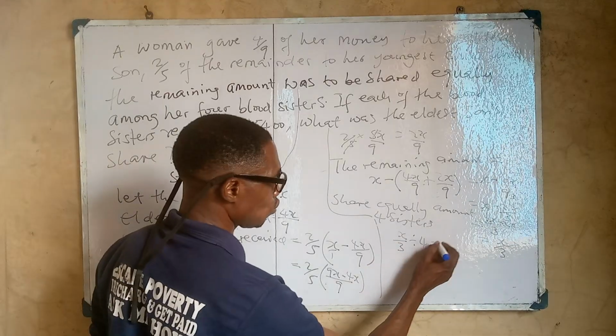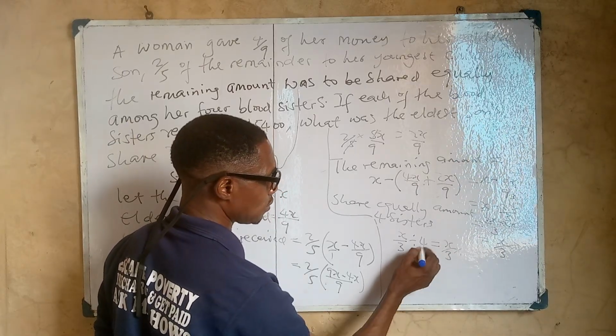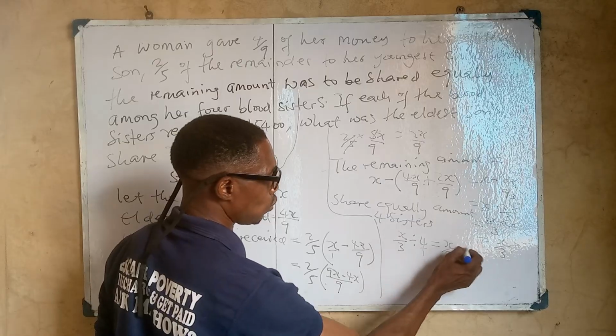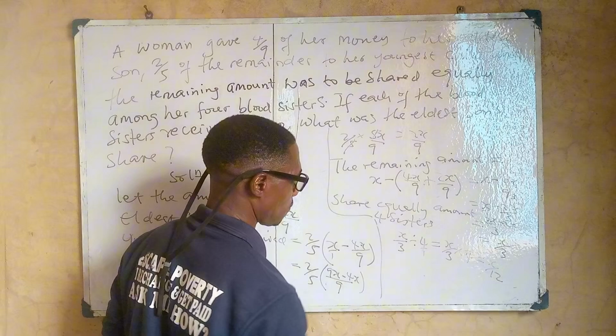All right, this is equal to what? x over 3 times, the rule, the denominator will go up, 4 comes down, that gives us x over 12.